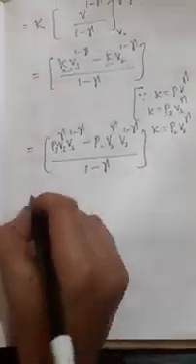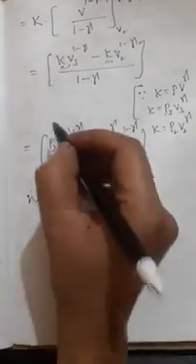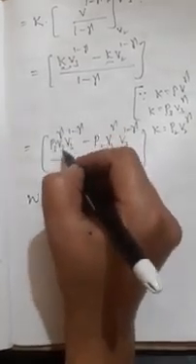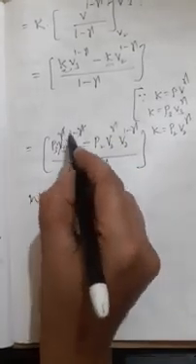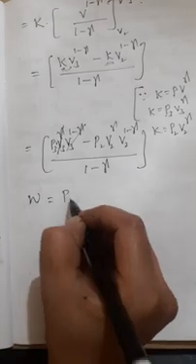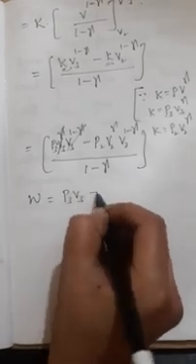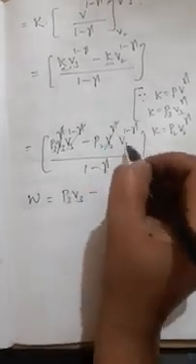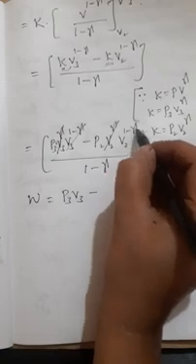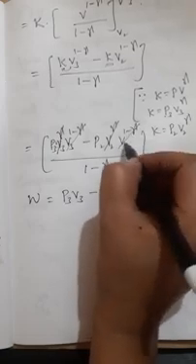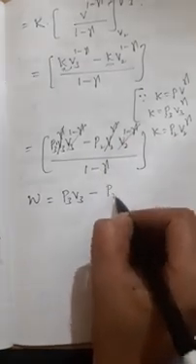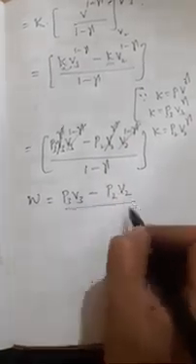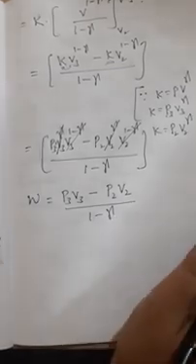Now W2 can be written as: V3 to the power of gamma and V3 to the power of minus gamma get cancelled, and we get P3 V3 minus P2 V2, since V2 to the power of gamma and V2 to the power of minus gamma get cancelled, all divided by 1 minus gamma.